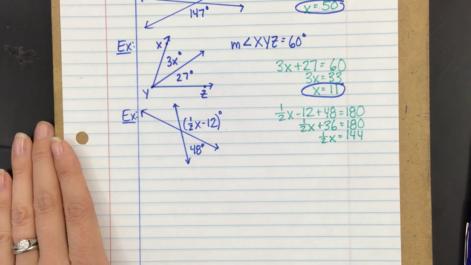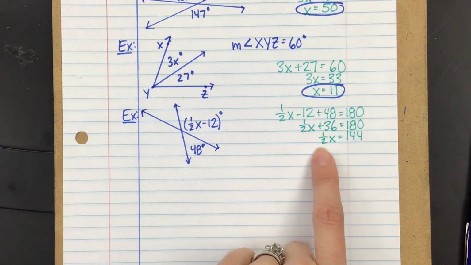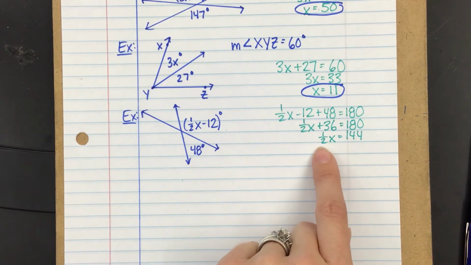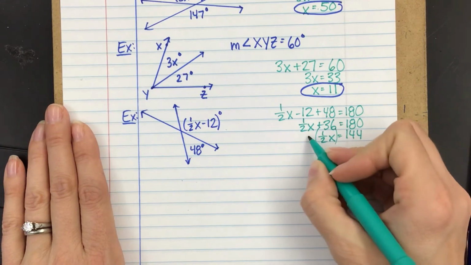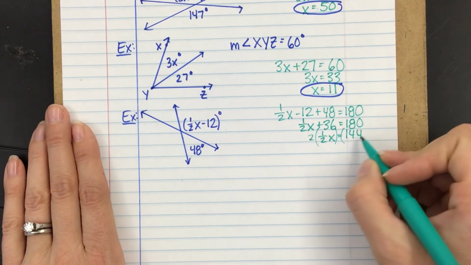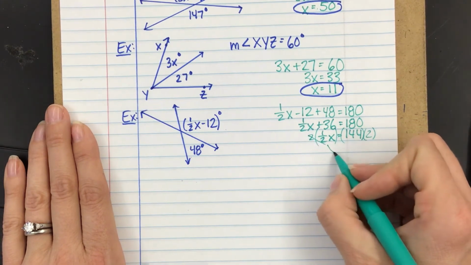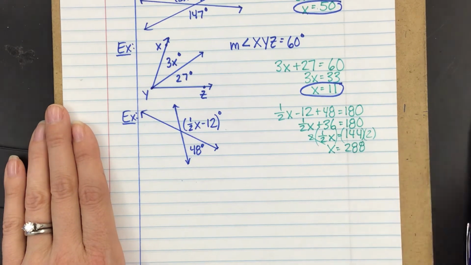Okay. A lot of people, I wasn't sure if you were going to get it or not, because a lot of people accidentally divide both sides by 2 here, which is not correct, because if I divide a half by 2, I get 1/4. So what I really need to do here is multiply both sides by 2. Okay, then that cancels out and you're left with x is equal to 288. Good.